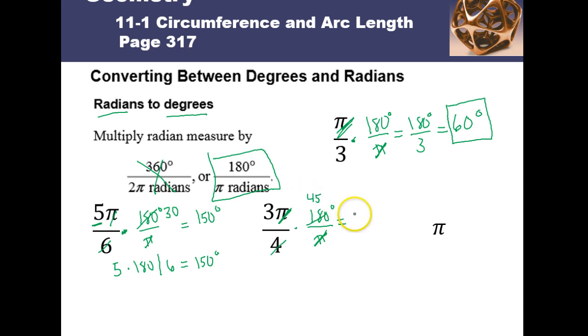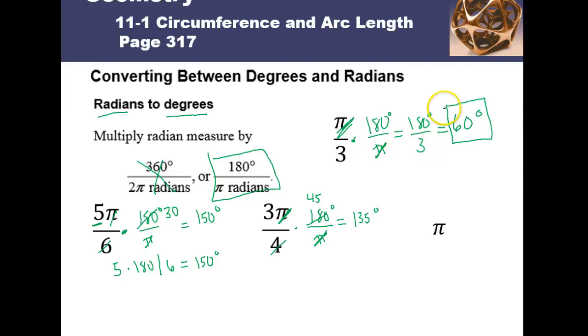And then 3 times 45 would be what, 120 plus 15, so I believe 135. But let's just double check that on the calculator. On a calculator, I would do 3 times 180 divided by 4. And I definitely get 135 degrees, so that's good.